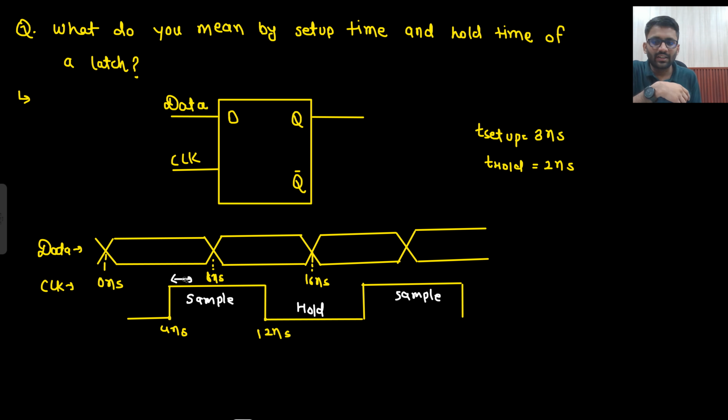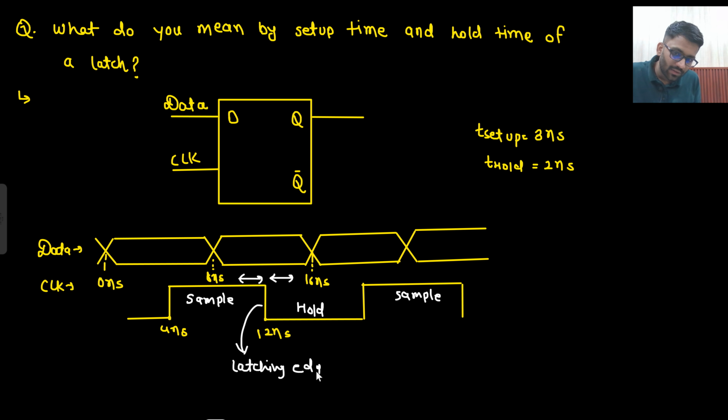The definition is that when your sample operation is about to end, at that time it will look back and look ahead. This is known as the latching edge. When the sampling is about to end, at this latching edge it will see that my data should be stable for the given setup time.